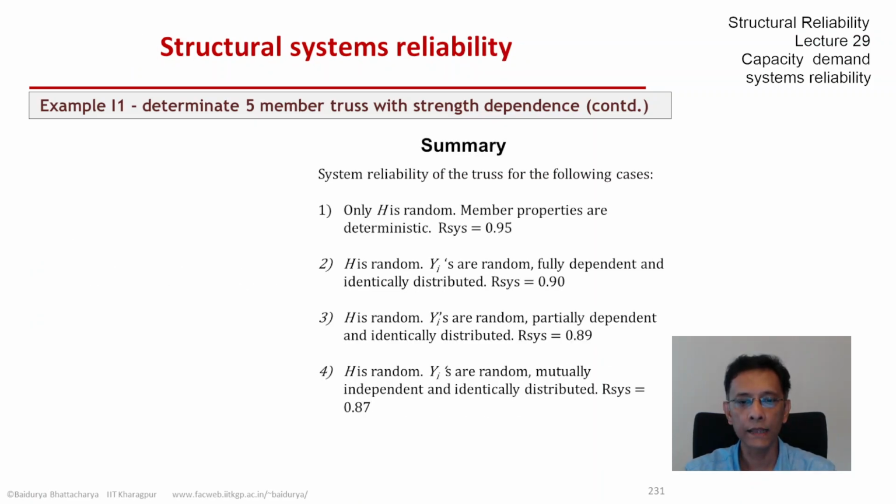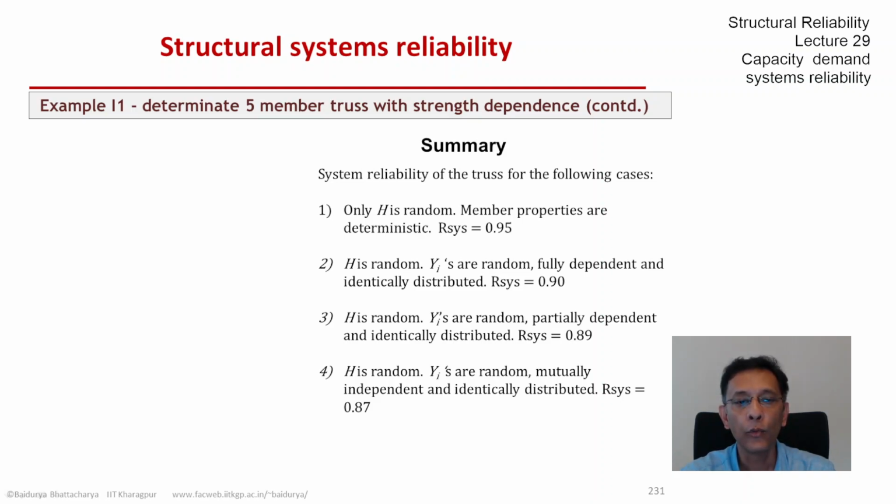So putting together all these 4 cases, we find that when h is the only random quantity, the member strengths are non-random, then we have the highest system reliability. And then when we allow randomness in the member strengths but consider them to be fully dependent, then it comes down from 0.95 to 0.90.